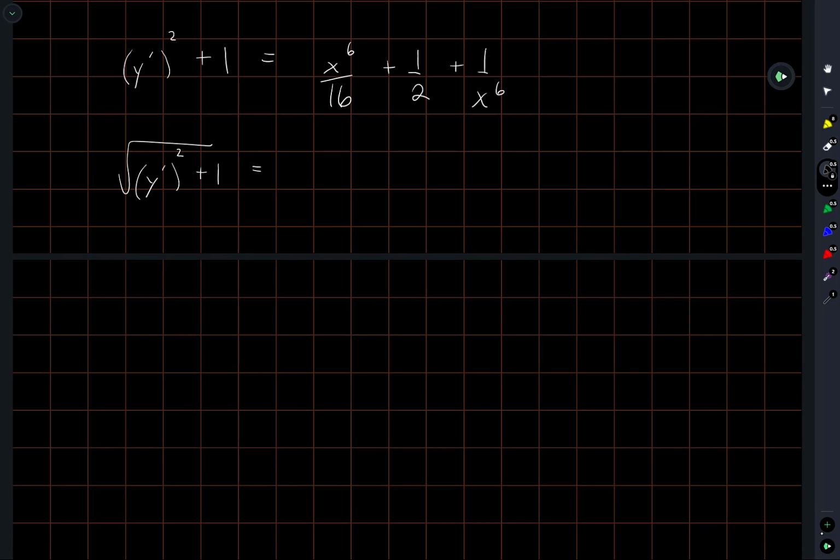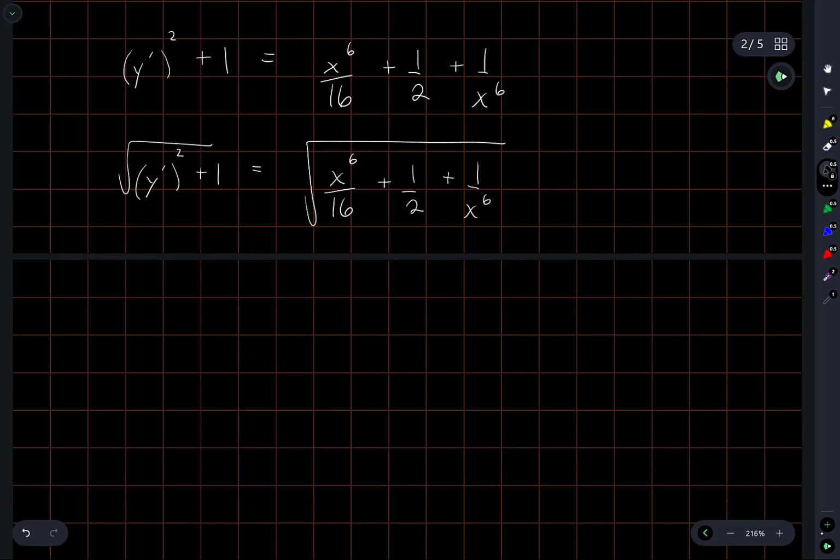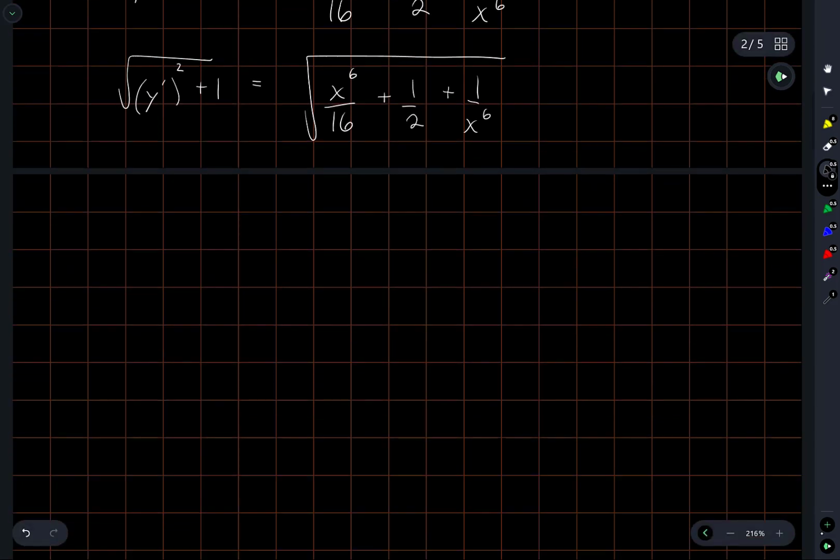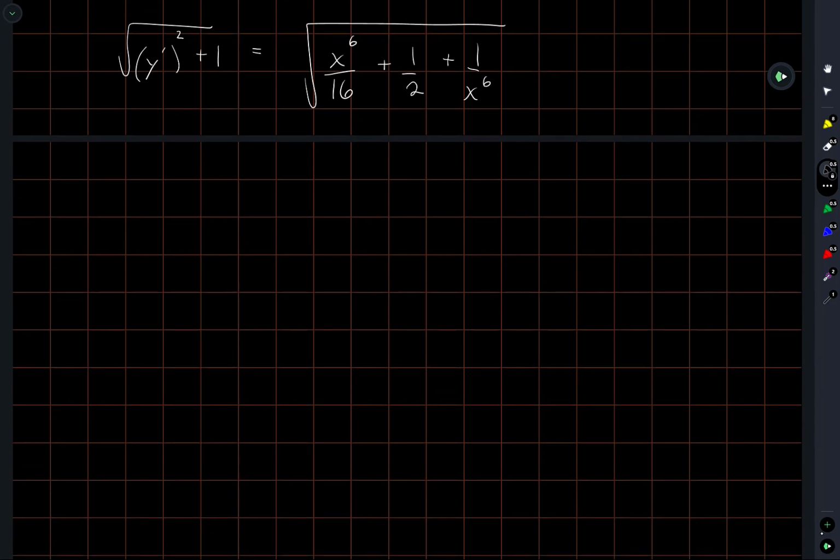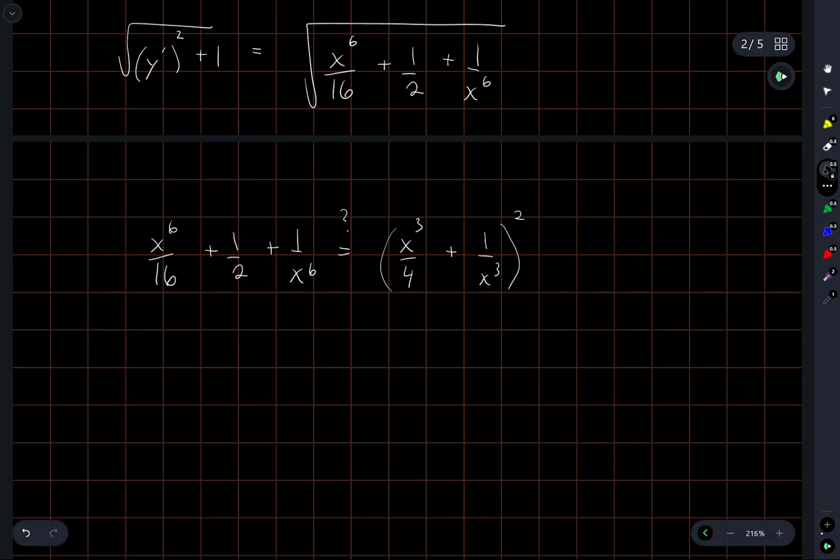Let me come back to that in a second. But I suspect that what I have underneath the square root sign here is equal to something squared. Let me see. Yeah, this works. This is correct.